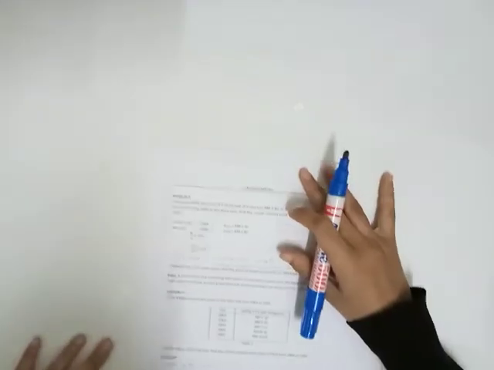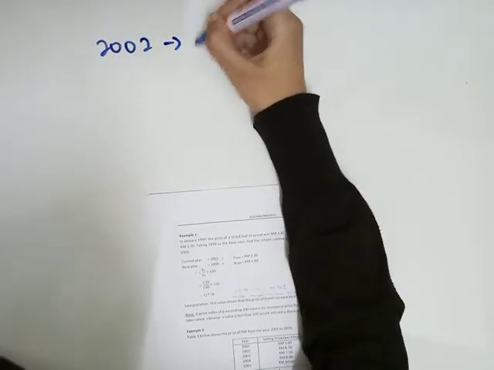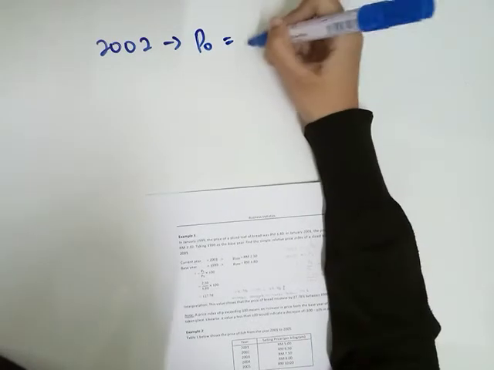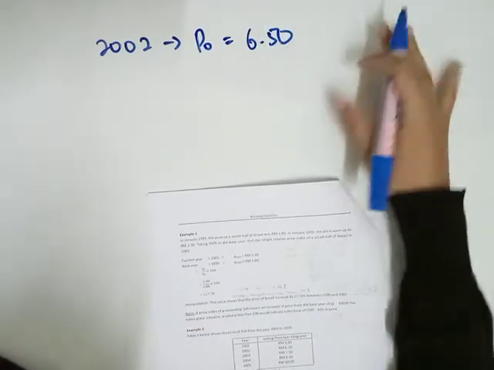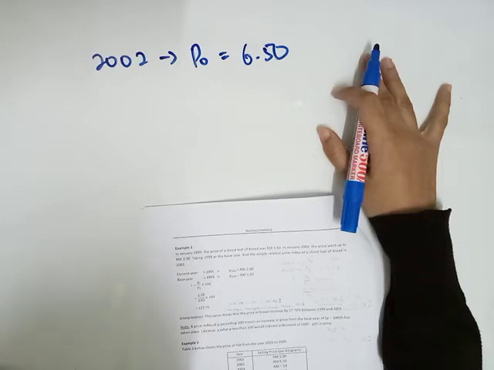Okay, so from the question, 2002 as the base year, that means 2002, it is P naught. Okay, harga dia berapa? 6.5. Okay, 6.5. Okay, and then we need to find the simple relative price index from 2001 to 2005.